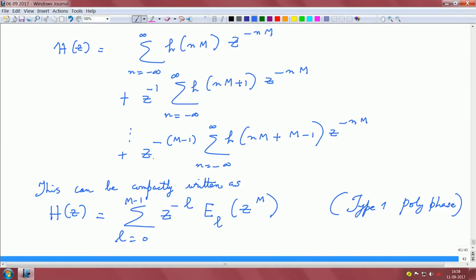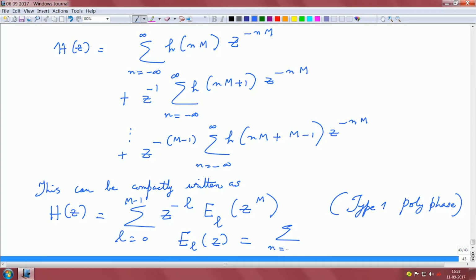Basically we are folding the delay also, and then this is a unit delay followed by some filter, and so on, with an m minus 1 delay followed with this filter. So the z power minus m of a basic filter, which is EL of Zm, is where we can write EL of Z, and we will link it with the impulse response of the filter.